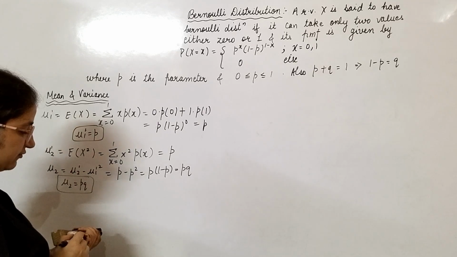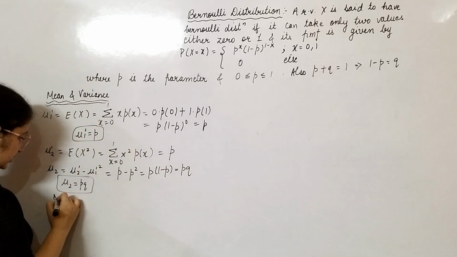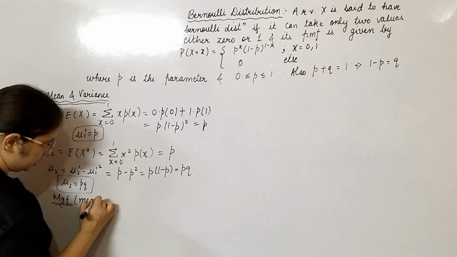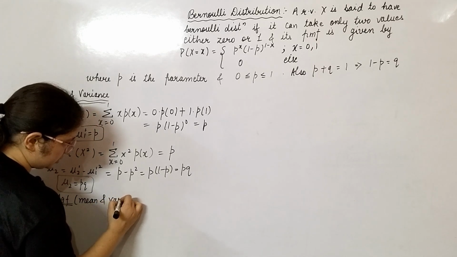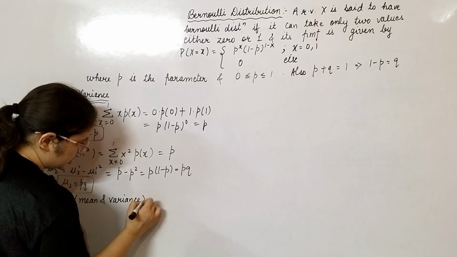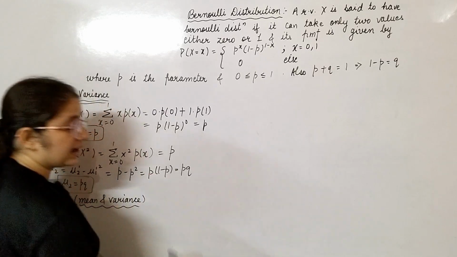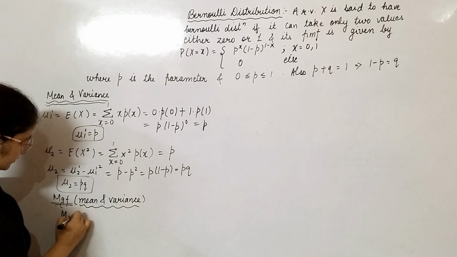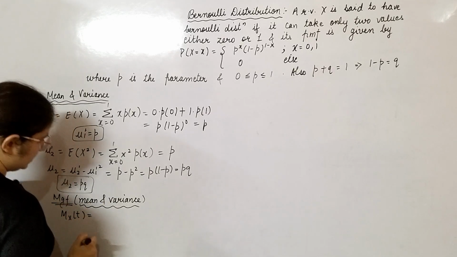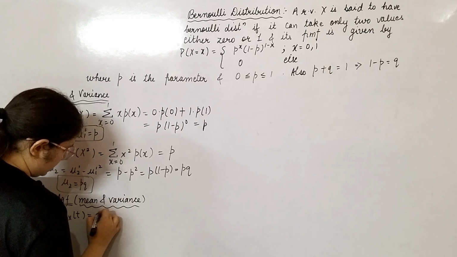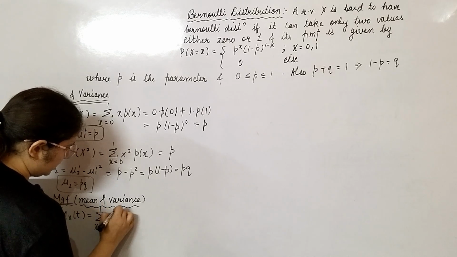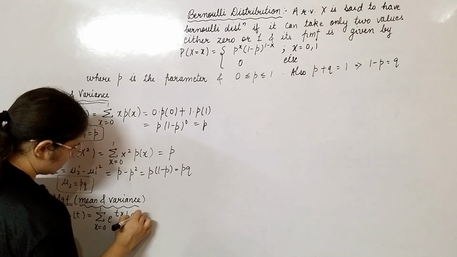Now by MGF method, moment generating function method, mean and variance. इस method में what will be your mean and what will be your variance, we will find out that. तो Mx(t) is equal to summation e to the power tx p of x, from 0 to 1. Open this summation.